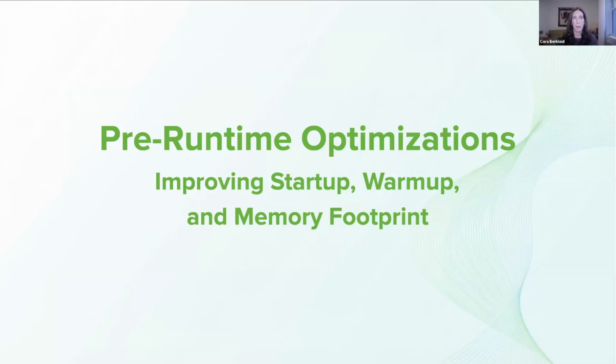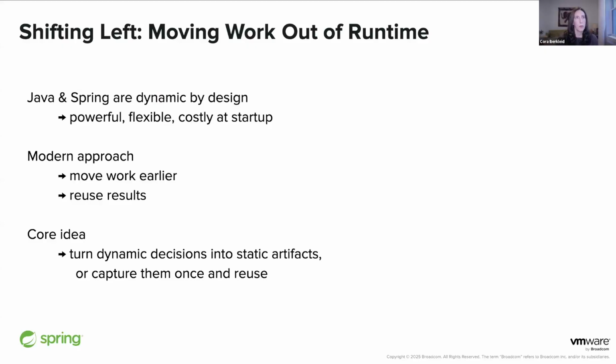So they're pre-runtime optimizations, and rather than focusing on throughput or latency, these focus on startup, warm up, and they also have an impact on memory footprint. So the main idea that unifies all of these is that they try to reduce how much work the app does when it starts up or as it's warming up.